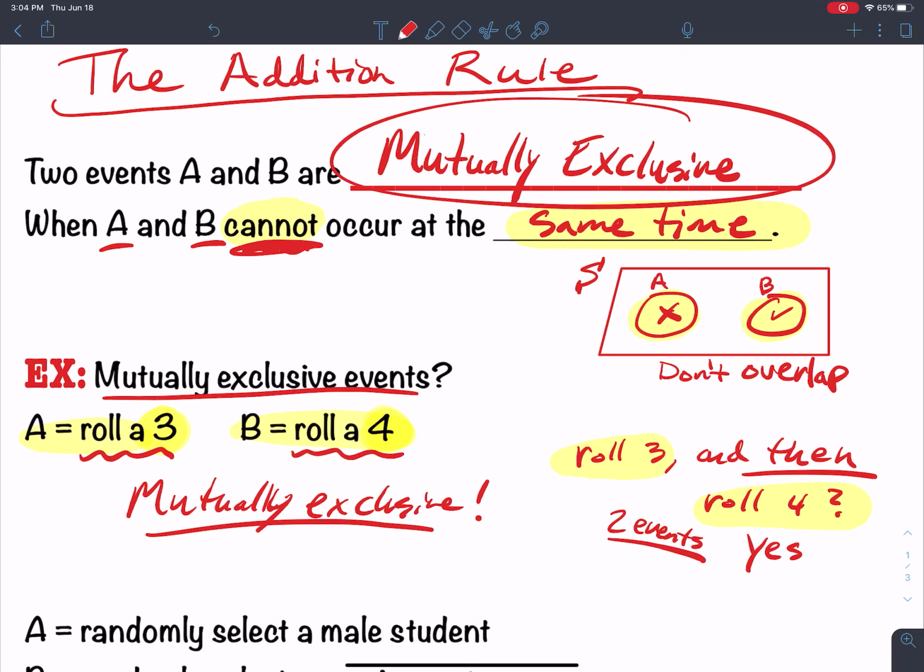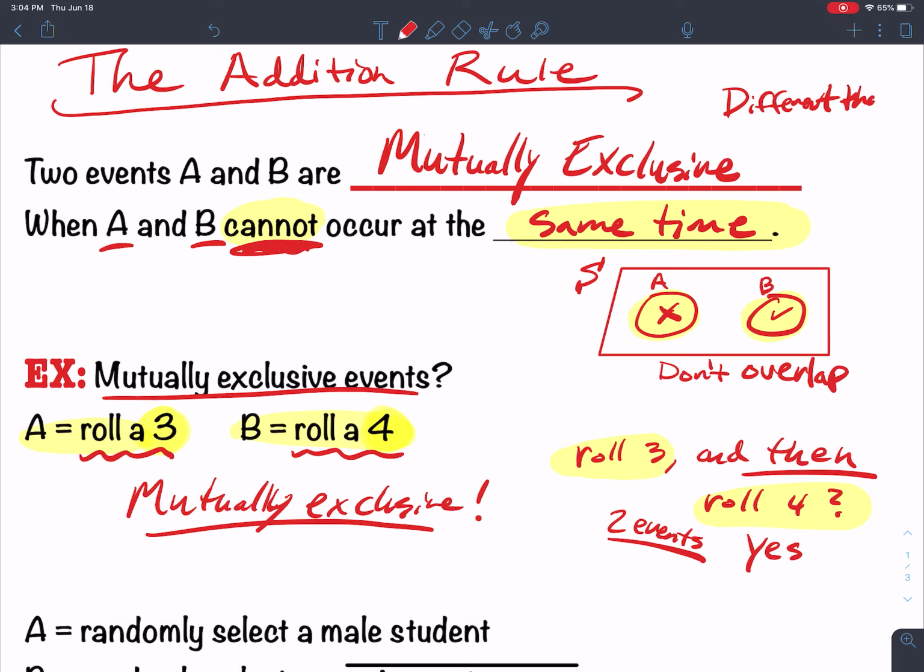Mutually exclusive is different than independent. In fact, it's so different that if two things are mutually exclusive, then they are totally dependent on each other.